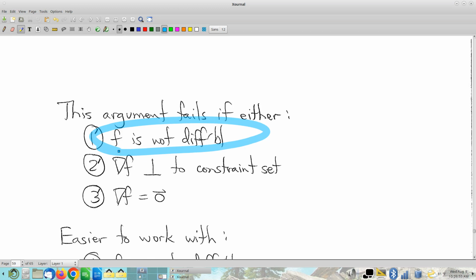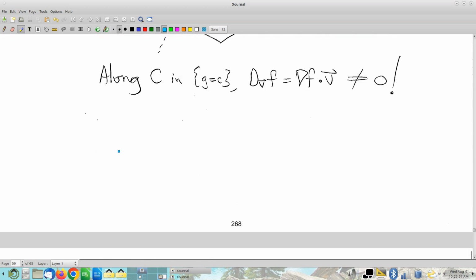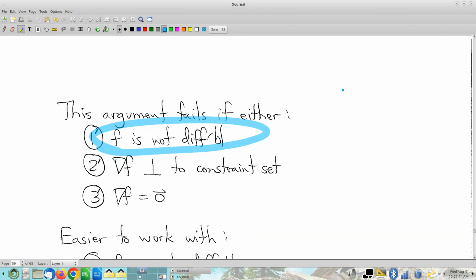If it isn't, then this whole business about computing directional derivatives with that formula, no, you can't. If the function fails to be differentiable, the dot product doesn't mean anything. The fact that the dot product's positive, who cares? That's nothing. So failure of differentiability would make our argument fail.